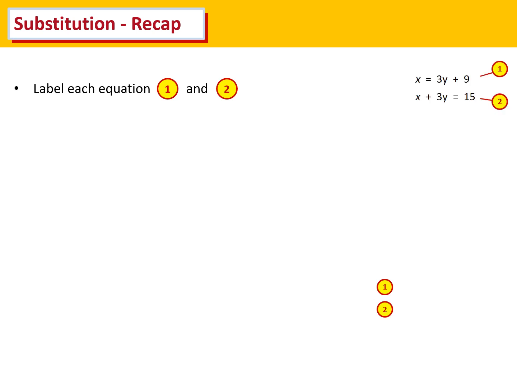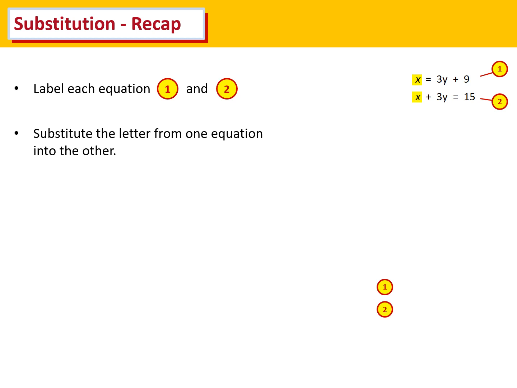Let's put this all together then in a recap. First of all, label each equation 1 and 2. There we go. Substitute the letter from one equation into the other. So in equation 1, we've got x equals, and in the second equation, we've got an x.